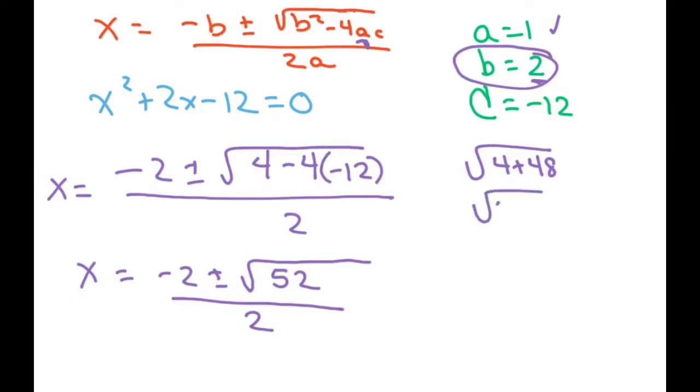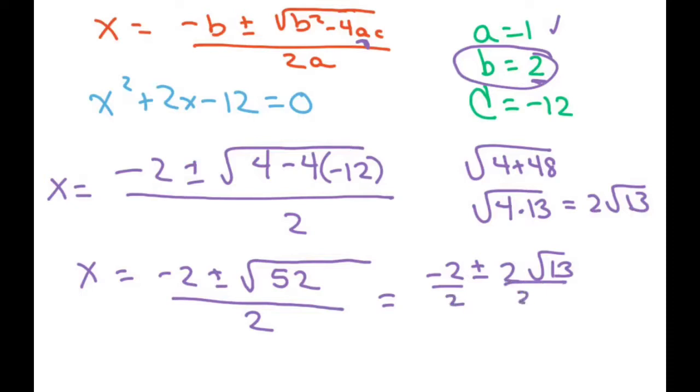That's 4 times 13, which gives 2 square root of 13. So I'm going to rewrite this as negative 2 plus or minus 2 square root of 13, and put the 2 under each piece. The 2's cancel and give me 1's. So our answer is x equals negative 1 plus or minus square root of 13.